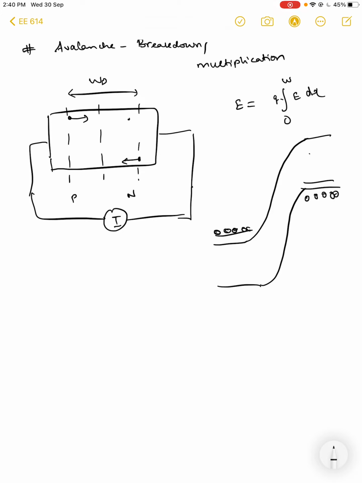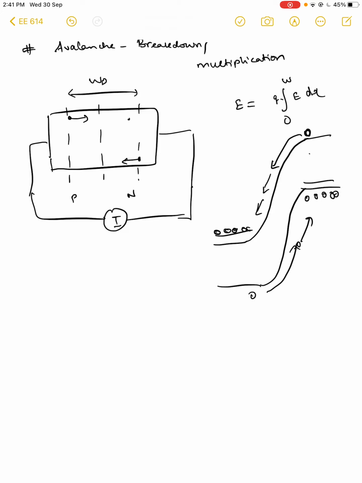If you inject one such electron from the P side, it falls down through this huge potential slope. As it falls, it excites more and more electron-hole pairs on the way, thereby increasing the number as it goes down. The same thing can happen for a hole on this side, which goes up this huge potential drop and increases in number as it goes through.